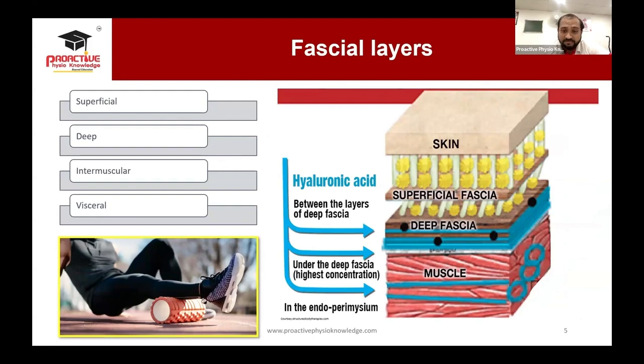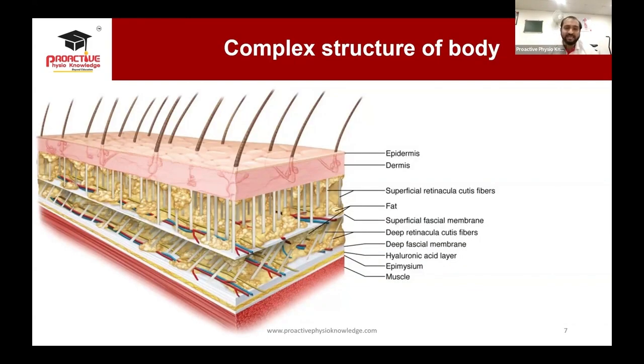And for the fascial layers, it's superficial, deep, intramuscular, and visceral. As you can see on the right side of the picture, the skin, then there is a superficial fascia. Between the superficial fascia and the skin, in any case where the patient is not moving his limb, first of all, we have to hydrate the body, as well as start passive movement.